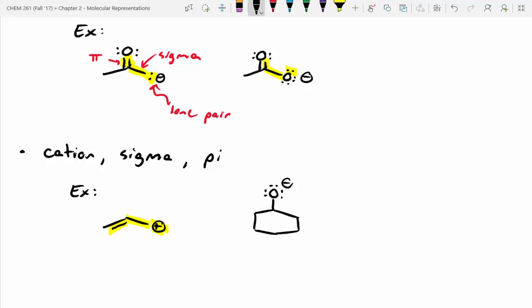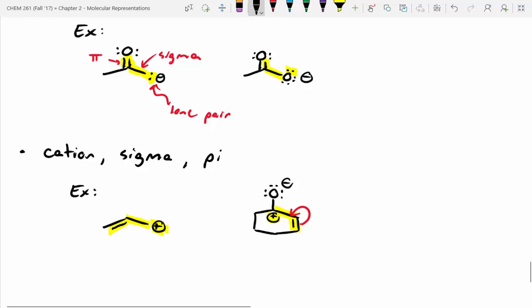This one looks a little bit different. So if we look at this one also has a cation, sigma, and a pi. So a cation right here, sigma bond right here, and a pi bond right here. So for example, I can move this pi bond over.